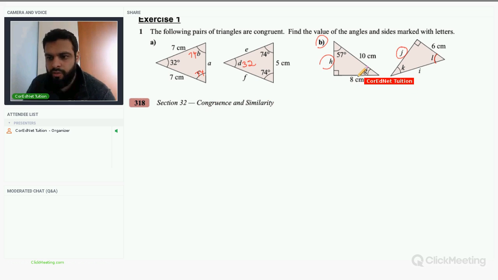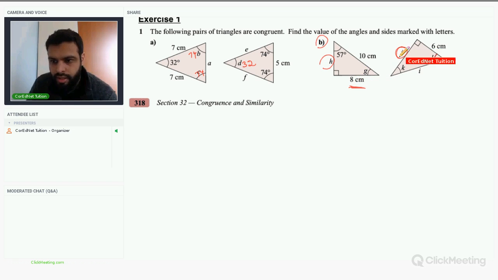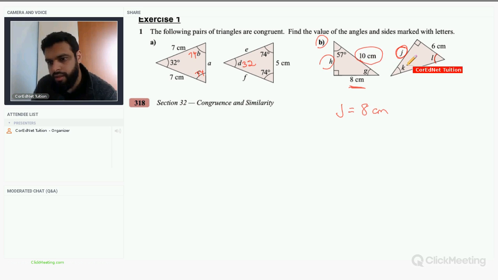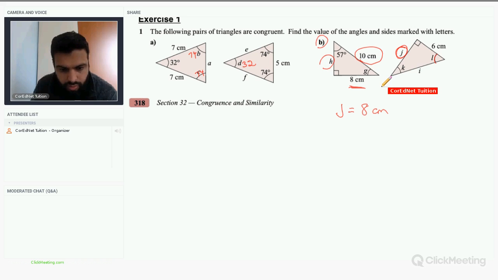Okay, yes, so we've got 8, right? This here and this here are corresponding, right? So J, indeed, well done, is going to equal 8 centimeters. What else do we have? We want to find the value of L. So L equals, yes, well done, Adam, good.